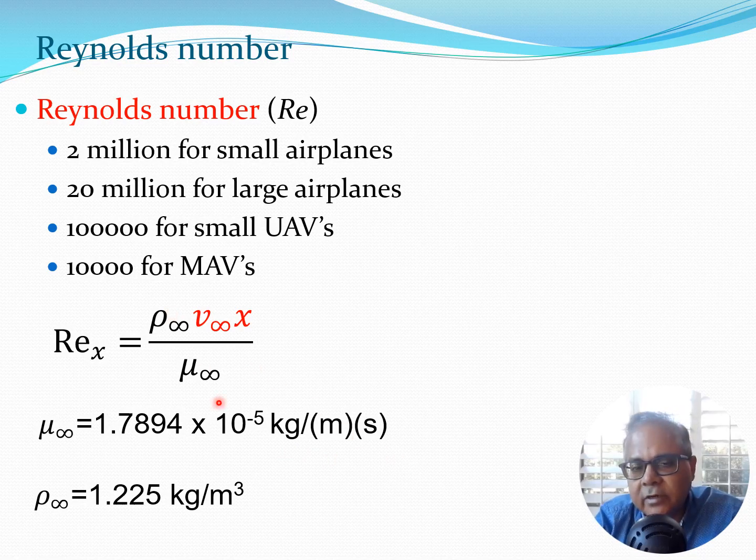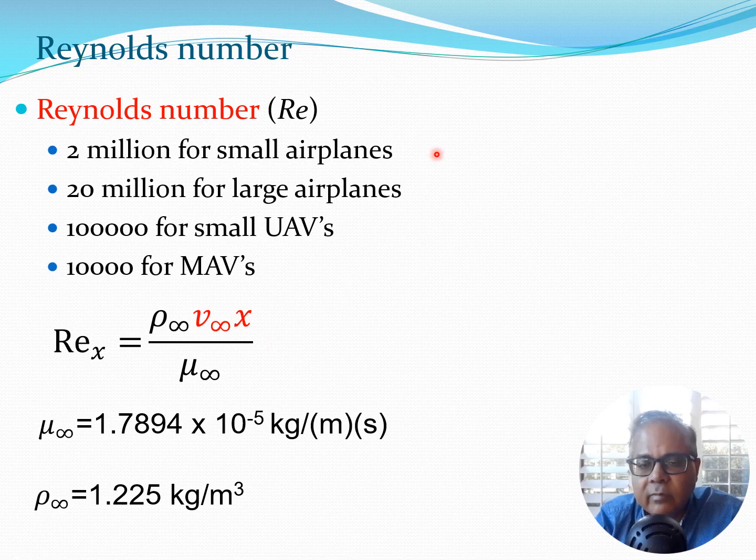So if these are properties of the medium in which you are in, then the Reynolds number is going to depend on the velocity of the body and the reference length. So depending on the size of the particular aircraft or flying vehicle you are dealing with and its velocity, the Reynolds number is going to be different.